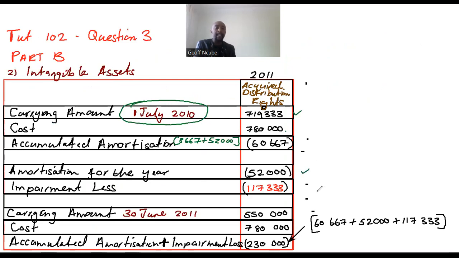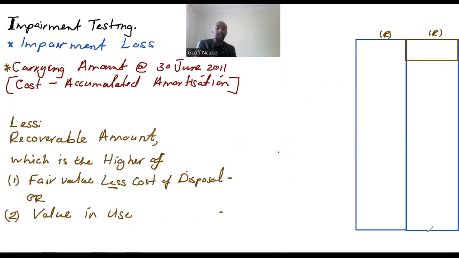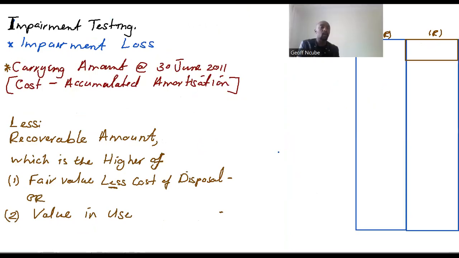And then afterwards, remember, according to paragraph 9, we are supposed to go and test. So after doing all this, you go and calculate. I wrote there on top, impairment testing. So impairment loss is your carrying amount less the recoverable amount.